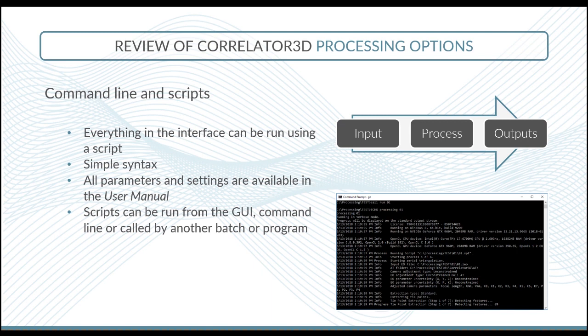And finally, a last option that we have in Correlator3D to process a project is to use a script with the command line mode. So everything in the interface, all that you have in the software, all the modules, all the tools can be run using a script.